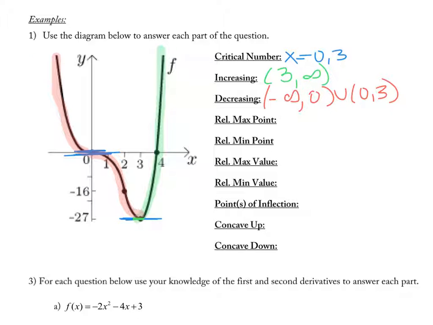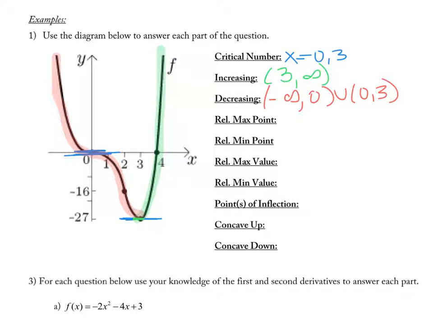Anywhere where you have a critical number, the slope of the tangent line is 0, so the first derivative is 0. Where that occurs, you can neither be increasing nor decreasing. So since we had a critical number here, we had a break there, even though we were continuing to decrease after the point.